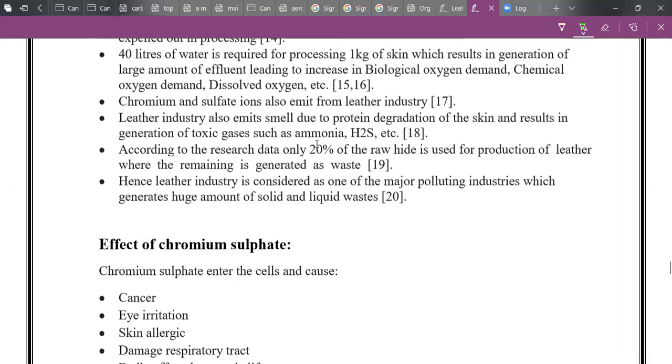Ammonia is a very dangerous gas. When we inhale it, it destroys our respiratory tract and it also affects our eyes. According to research data, 20% of the raw hide is used for production of leather, where the remaining is generated as waste. Hence, the leather industry is considered as one of the major polluting industries, which generates huge amounts of solid and liquid waste.